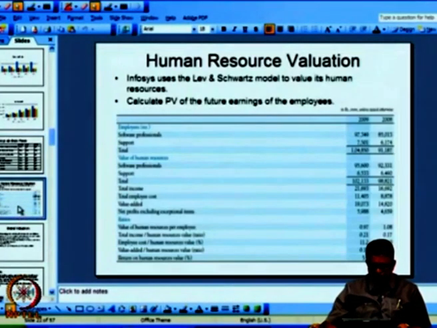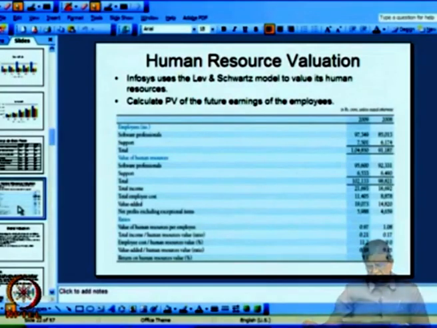There is a human resource valuation model which Infosys uses. This all comes under corporate social governance or corporate social responsibility. It uses the Lev and Schwartz model to value its human resources. What does it help the company? It calculates the present value of the future earnings of the employees.